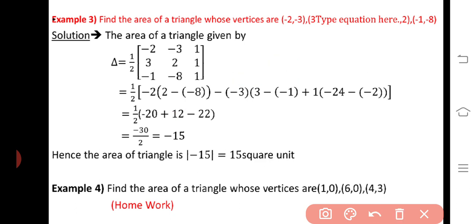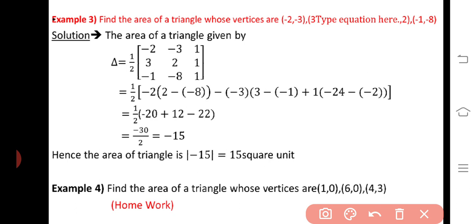Plus 1 into minus 24 plus 2 gives minus 22. If you add this, minus 20, minus 22 is minus 42, minus 42 plus 12 gives minus 30, divided by 2 gives minus 15.